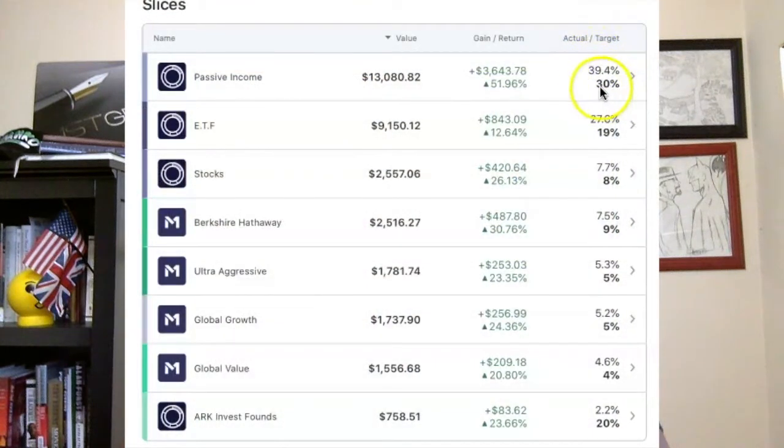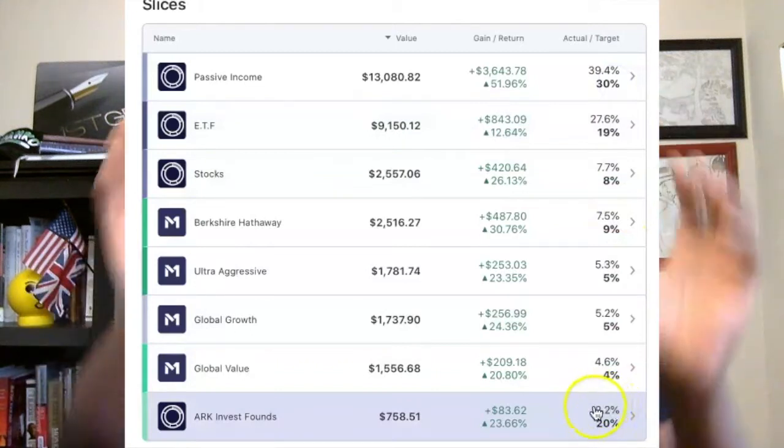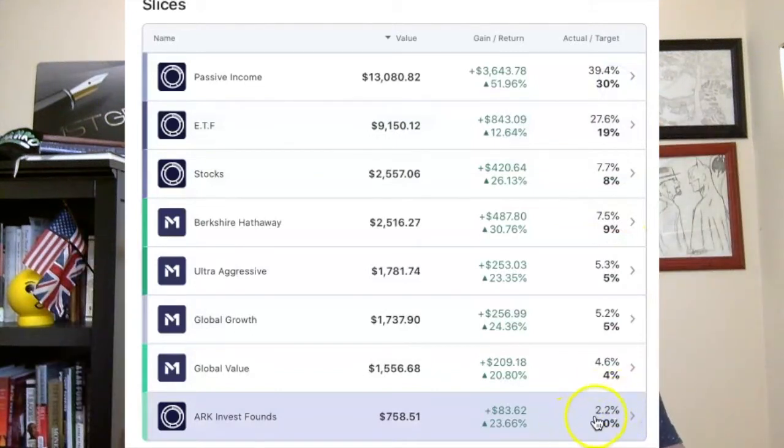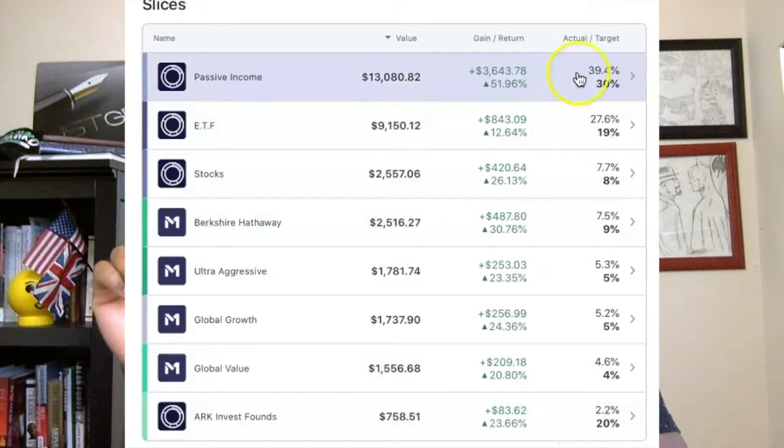Overweighted means that if you're supposed to have $10,000 in Apple stock and you already have $10,200, then when you deposit new money, it's going to go into the ones that are supposed to have, say, $1,000 and now have $500. So that way the portfolio is always balanced. That's why I don't necessarily rebalance my portfolio.